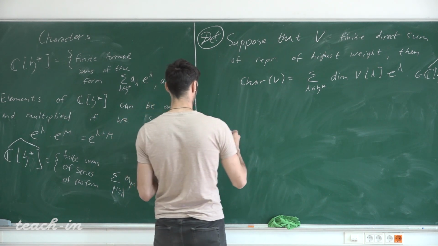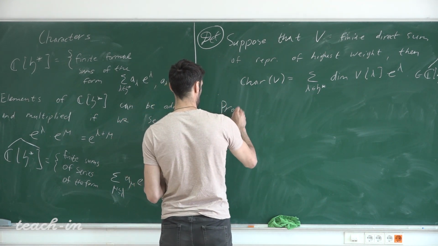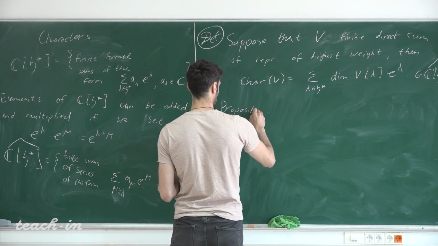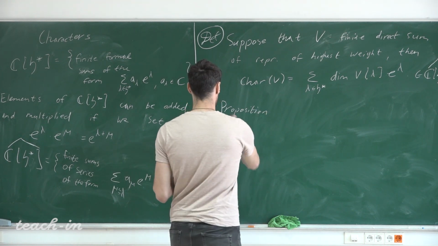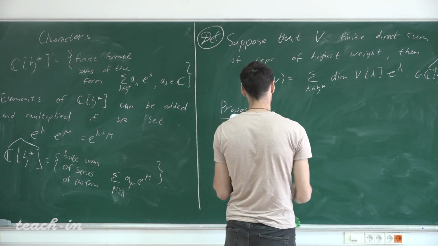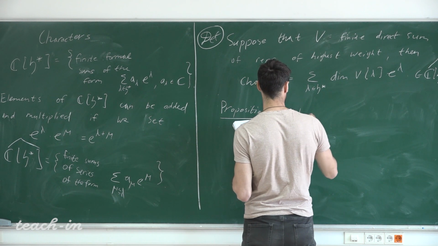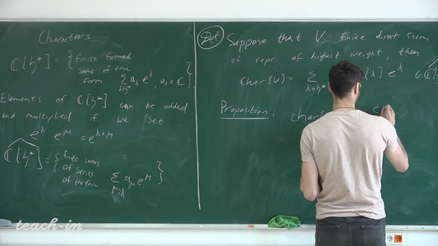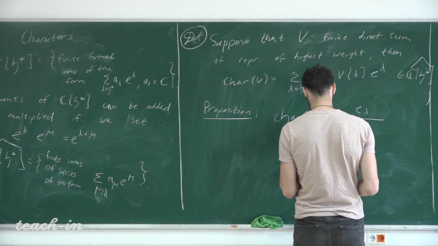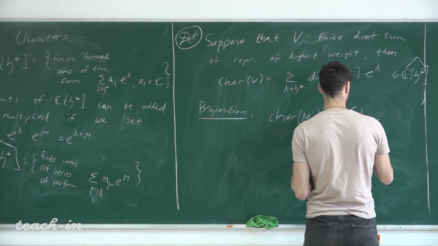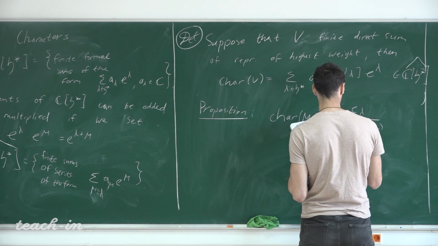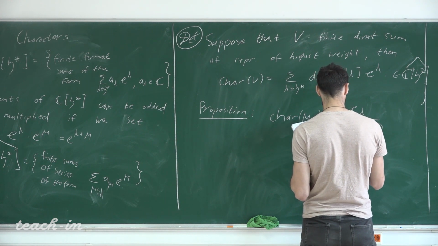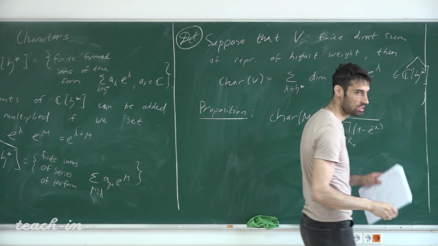Yes, proposition: the character of M lambda is given by the following: e to the lambda divided by the product of 1 minus e to the negative alpha, as alpha runs over all positive roots.